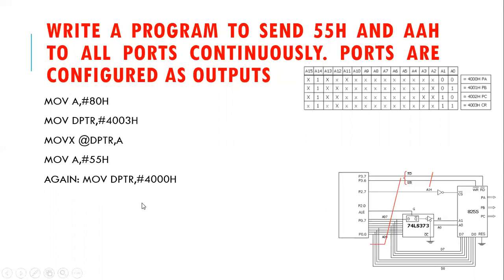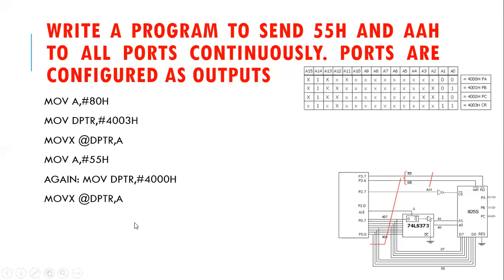Then the value in A is moved to the address pointed by DPTR, that is the value 55H in the A register. So 4000H means it will go to port A.